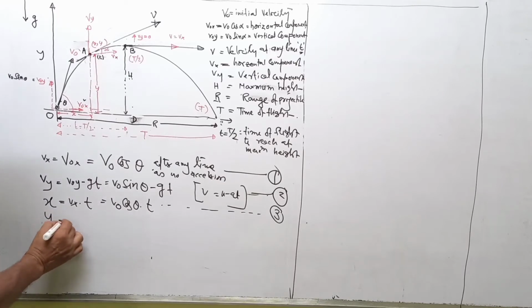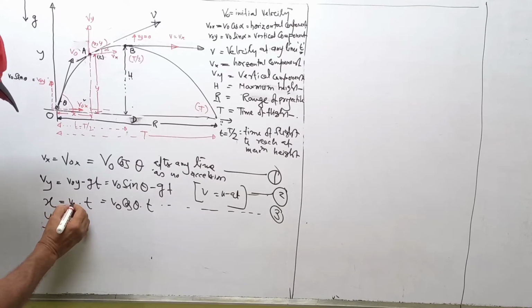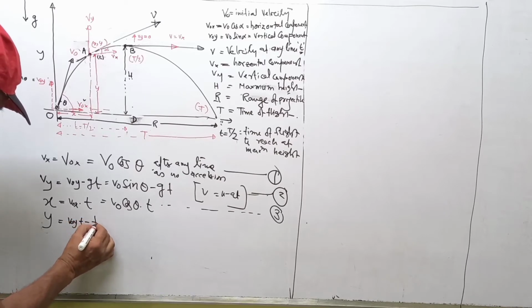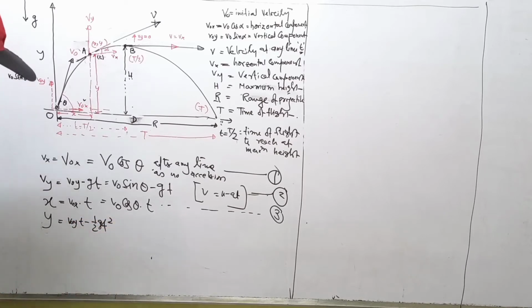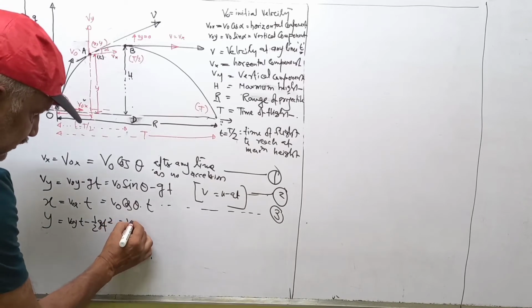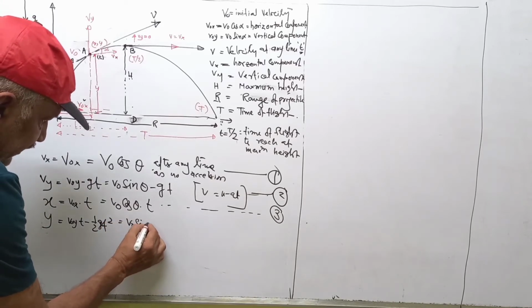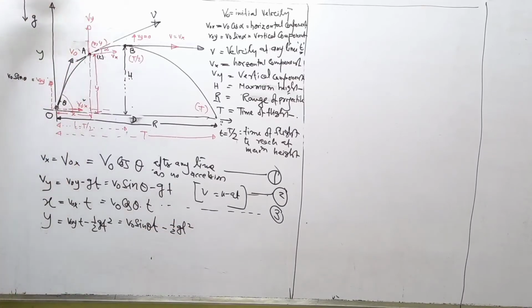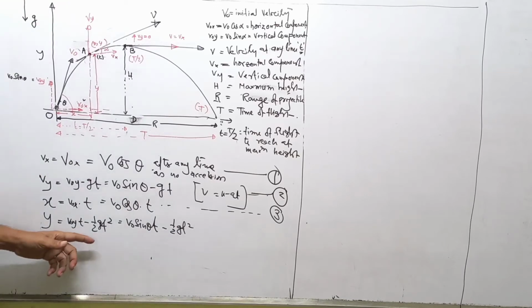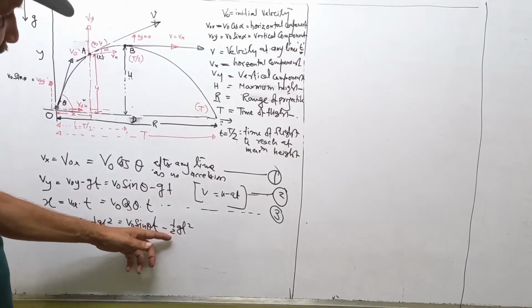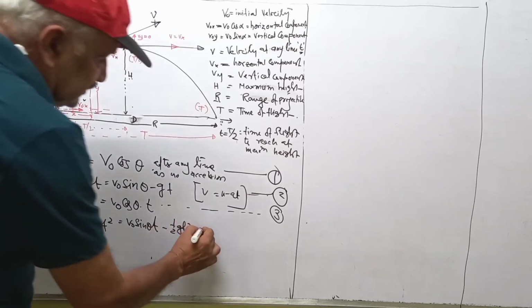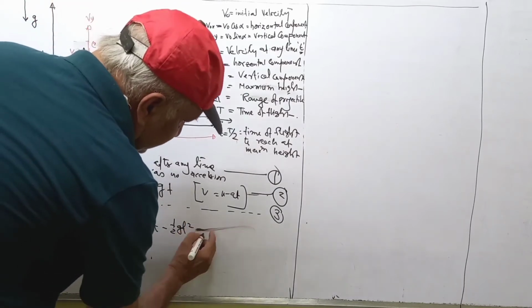And y equals ut minus half gt square, or v0 sin theta t minus half gt square, because the particle is moving upward with negative acceleration, that is retardation. This is my equation number 4.